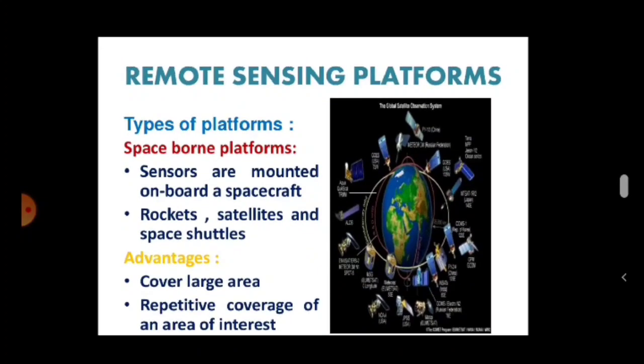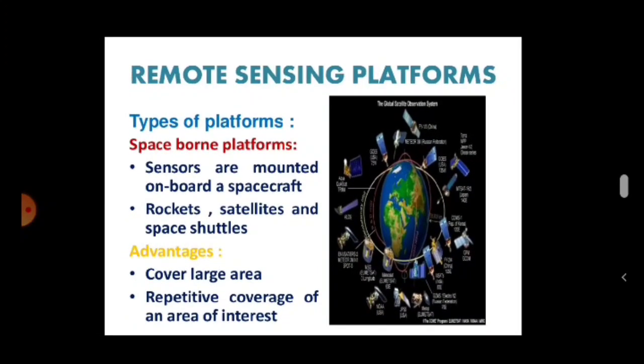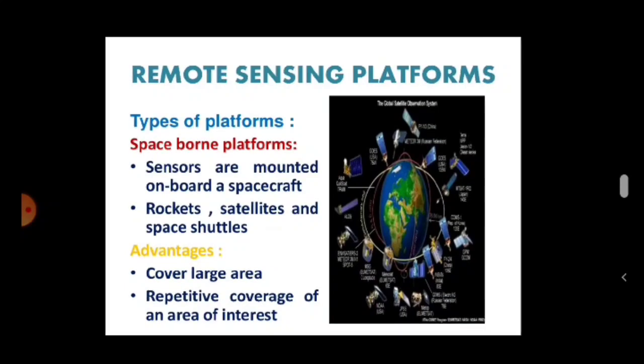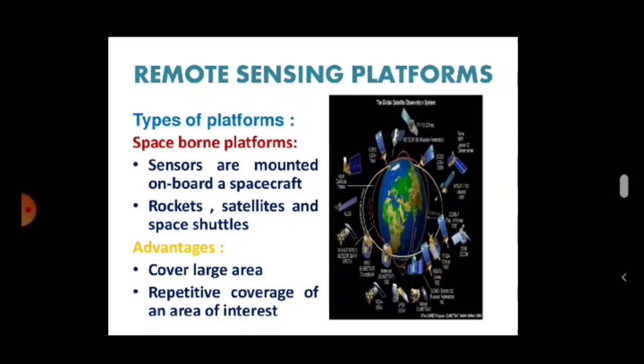So when it comes to active sensors, I also need to talk about SPOT satellites. These SPOT satellites have an altitude of 832 kilometers and a sun synchronized near polar orbit.